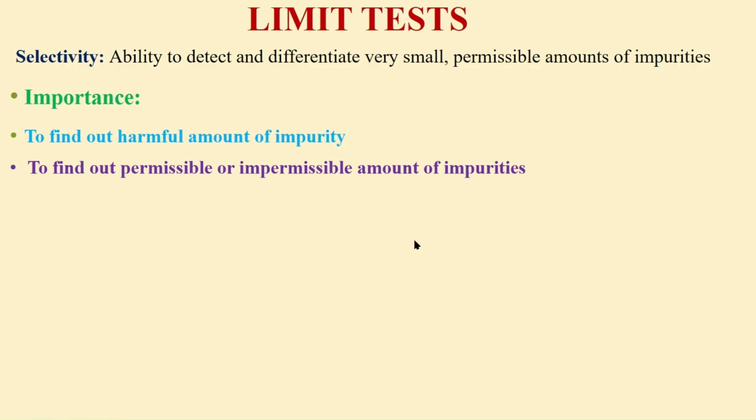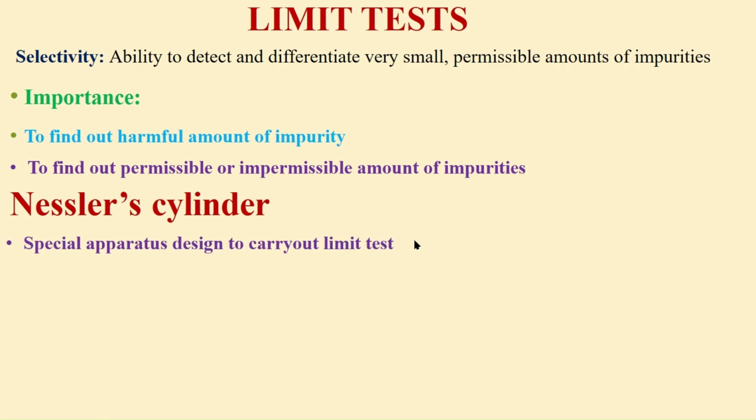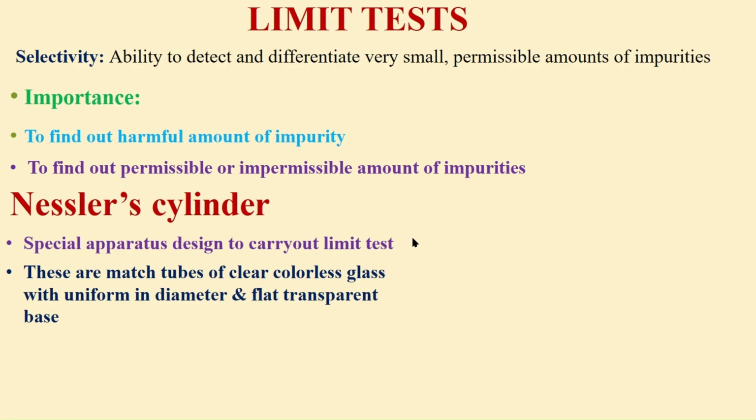For limit tests, we use a specific apparatus called the Nessler cylinder. This Nessler cylinder is a special apparatus designed to carry out the limit tests. What are these Nessler cylinders? They are nothing but tubes made of clear, colorless glass.